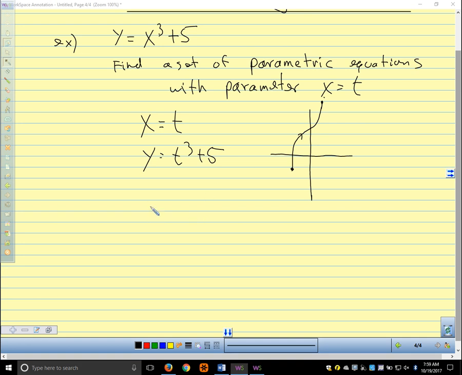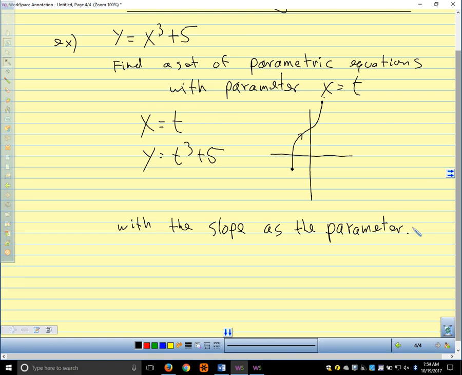What if we wanted to parameterize this in terms of the slope? So for some reason, we want to parameterize this curve in terms of the slope.